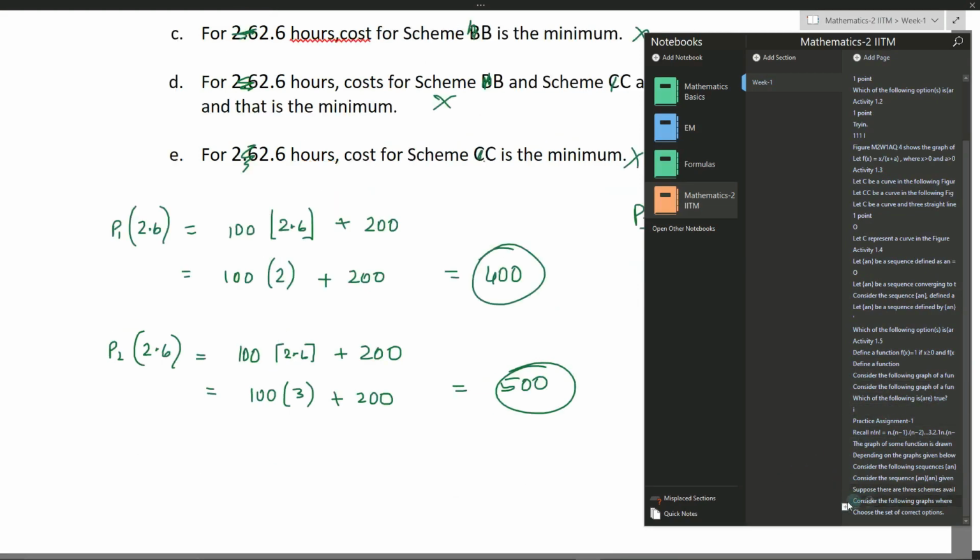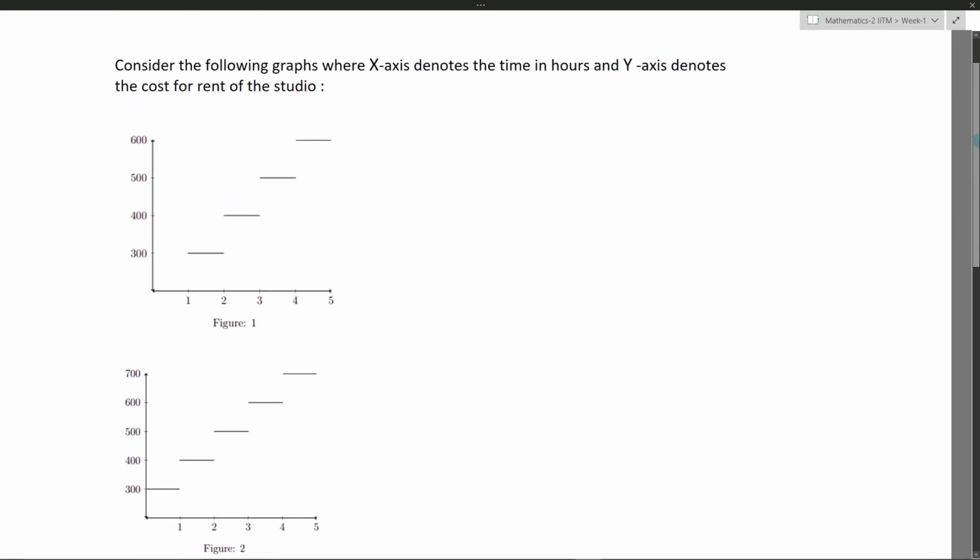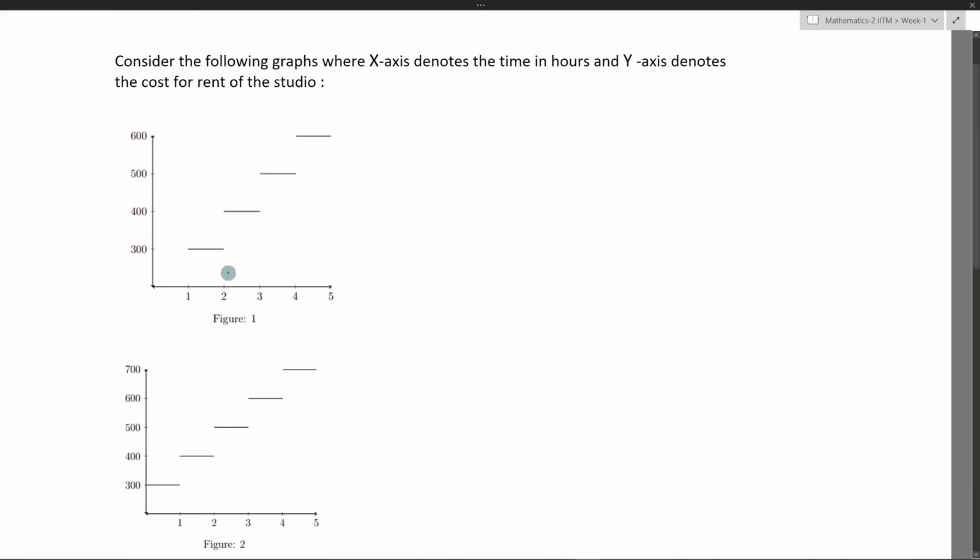Next question. They have given us 2 figures, so we have to identify which scheme has the graph given here. We have a floor function in scheme A and a ceiling function in scheme B. So which of these is the floor function? The floor function always gives us a value less than or equal to the input.